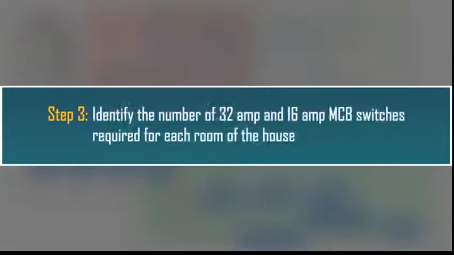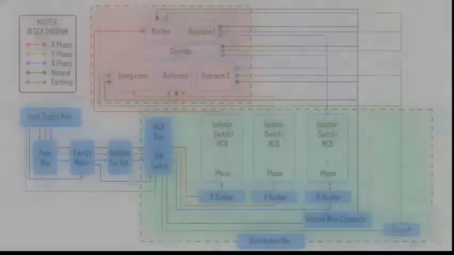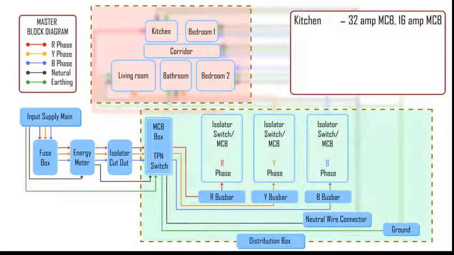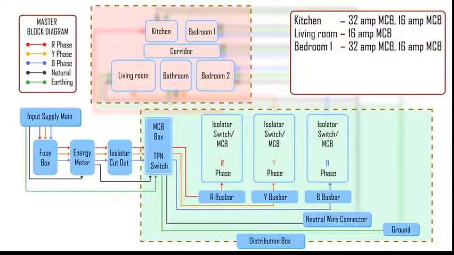Step 3. Identify the number of 32 amp and 16 amp MCB switches required for each room of the house. The kitchen requires one 32 amp MCB and one 16 amp MCB. The living room requires one 16 amp MCB. Bedroom 1 requires one 32 amp MCB and one 16 amp MCB.